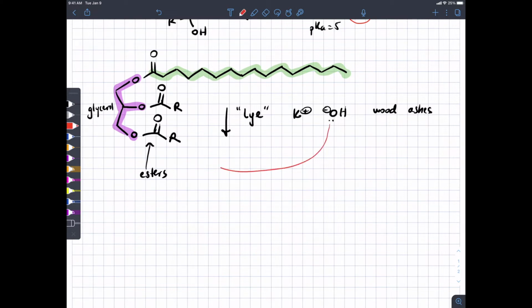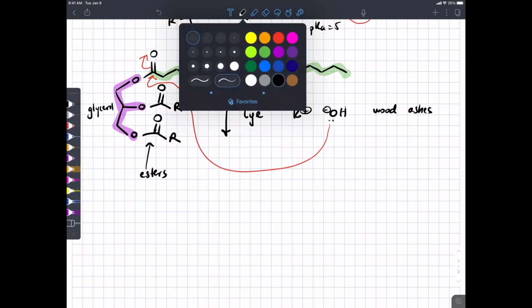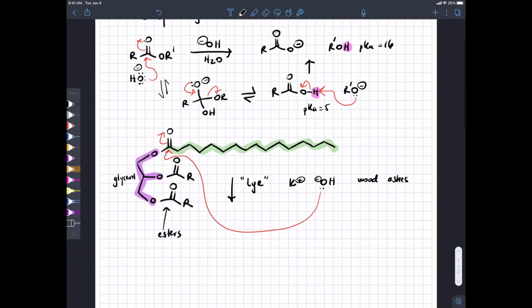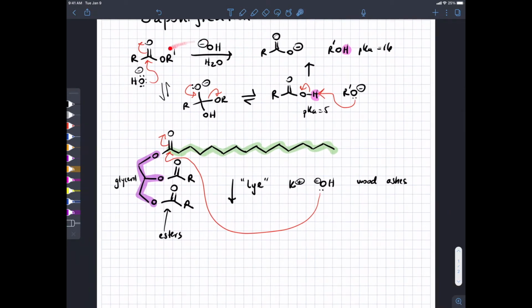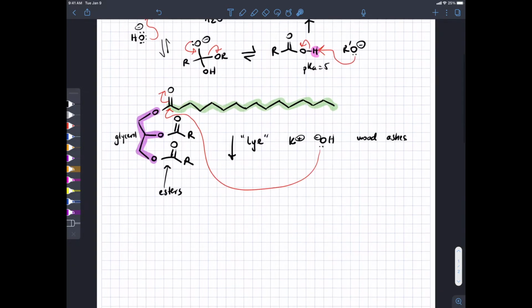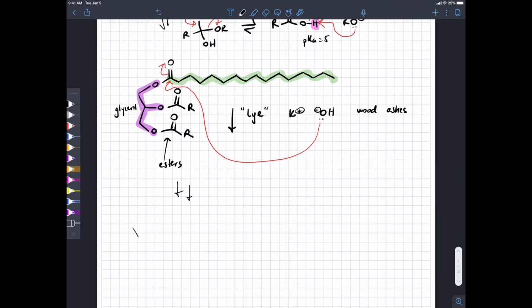So when you expose this fat or oil to hydroxide, the same thing happens that I've shown you earlier. You have hydroxide attack one of the carbonyls to get a tetrahedral intermediate. And then, I'm not going to show you the rest of the steps because they're right here. It's exactly the same, only we're using different R groups, okay? But when we're done, we liberate the triol, which is glycerol, and that has some important uses.